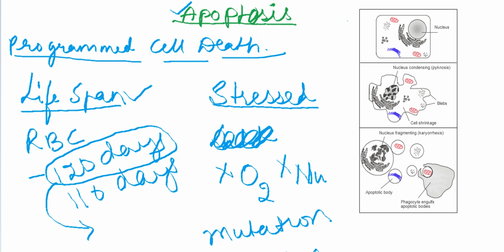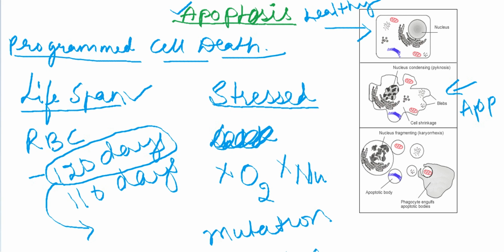Now here in this diagram, this is a normal healthy cell. This is the healthy cell, and this is the cell which is undergoing apoptosis. Now you can see the structure of the cell has changed.